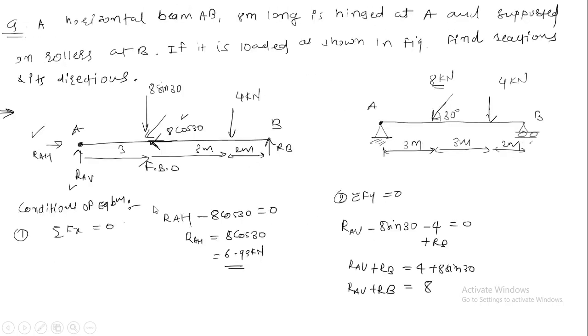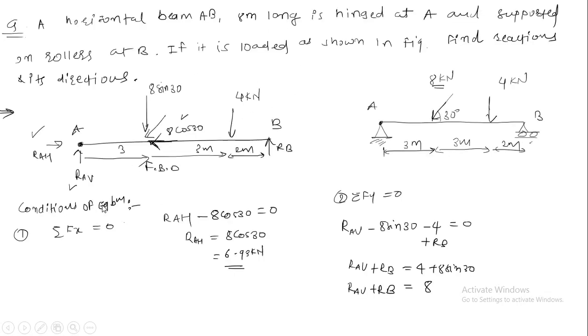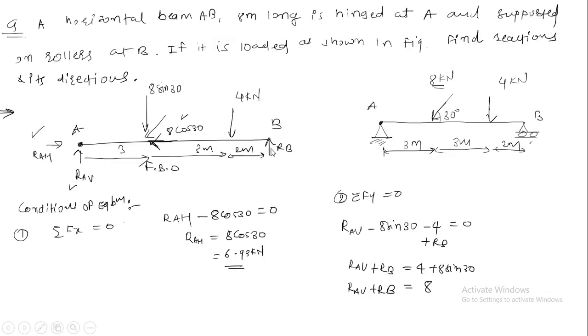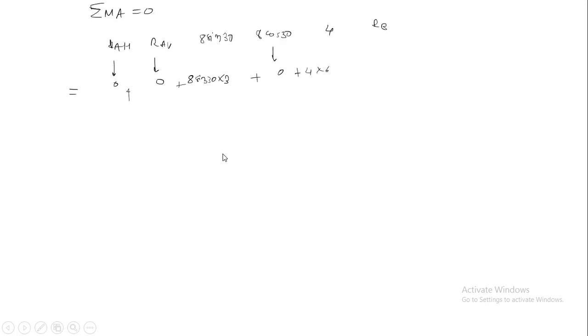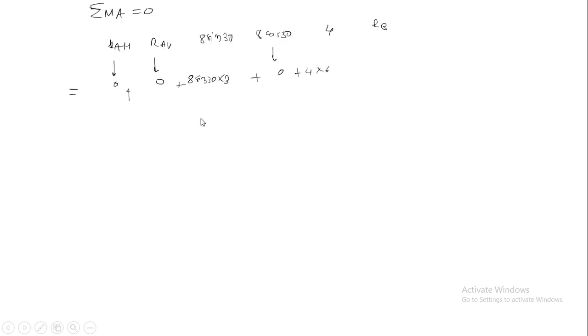So 8 sin 30 into 3 plus 4, see where the 4 is, downward, clockwise, 3 and 3 is 6, plus 4 into 6, and RB is at point B. RB into what? 3 and 3 is 6 and 2 is 8. RB is upwards, so it is anticlockwise. RB into 8. So minus RB into 8 equal to 0.